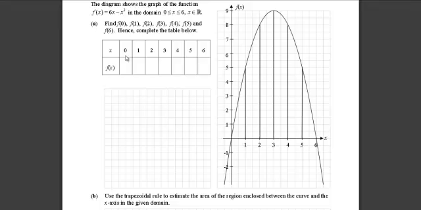So we know at 0, f of 0 is 0 because x is 0. So 6 times 0 is 0, 0 times 0 is 0, and so on. So we actually just need to evaluate this function at 0, 1, 2, 3, 4, 5, and 6. Once we know that, we plug it into the trapezoidal rule, and we're done.